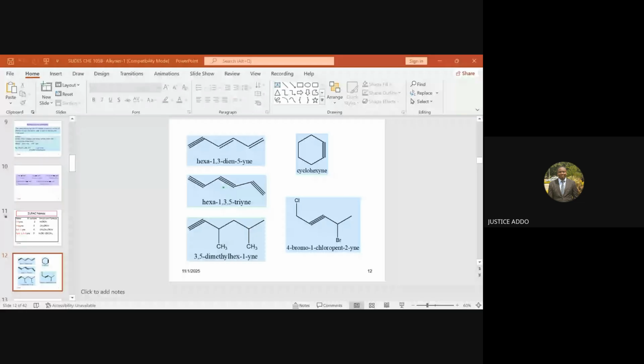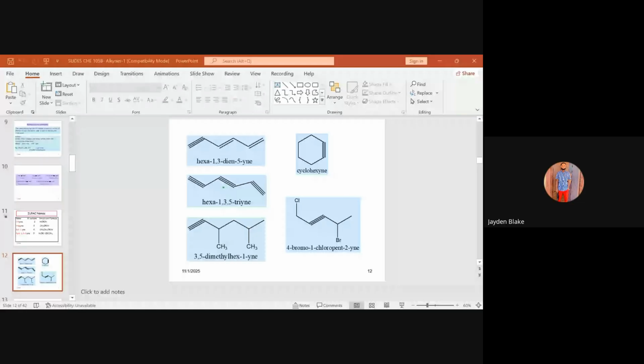What I'm saying is a good question is that IUPAC says that if you are naming an alkyne, make sure you give the lowest number to the triple bond. In this instance, you have a double bond and a triple bond. Now, check the numbering from left to right. You could see that the alkyne will be 1, isn't it?